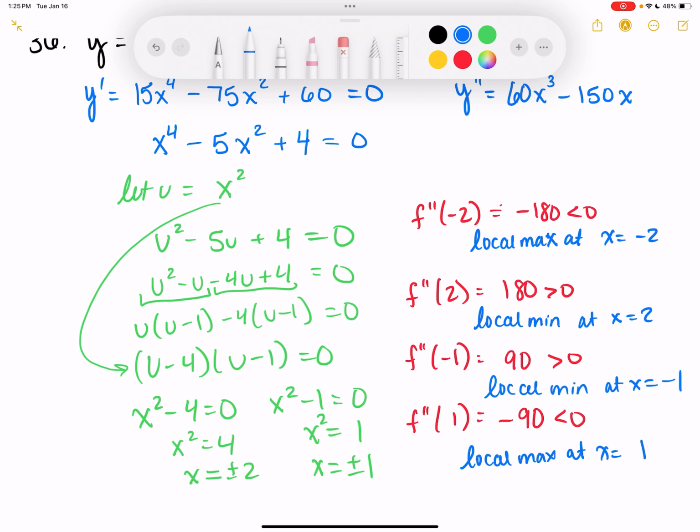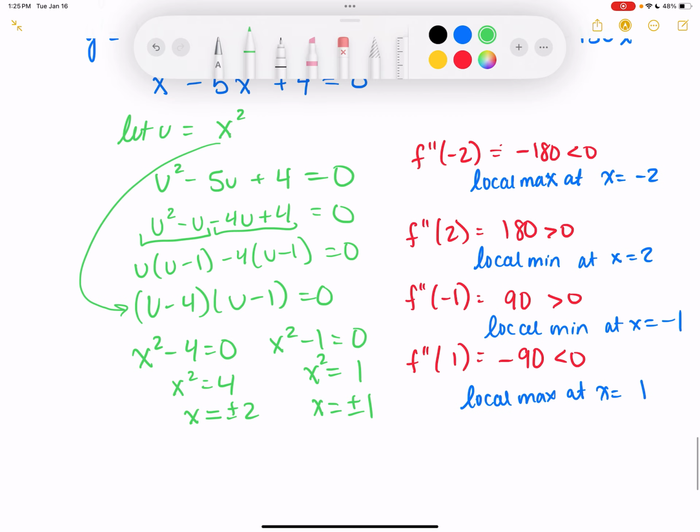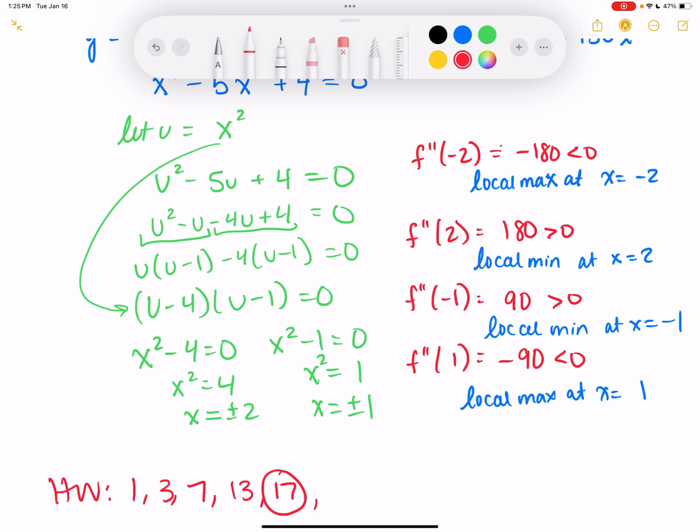Alright, I need to give you all your problems really fast because I won't be in class tomorrow. Numbers 1, 3, 7, 13, 17, which is going to be a little bit harder like number 18 was, so just be aware of that, 27, and 35.